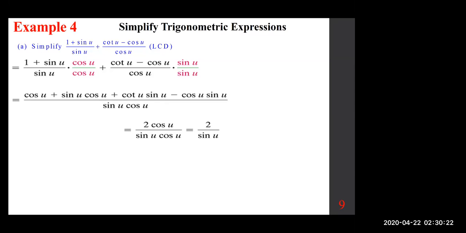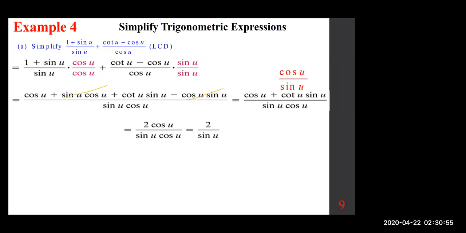Now, sine u cosine u minus cosine u sine u, they cancel each other. So we end up with the rest of it. Cotangent is the same as cosine over sine.